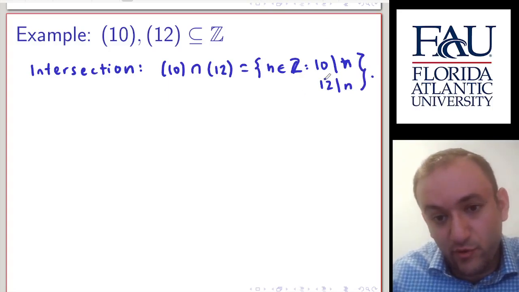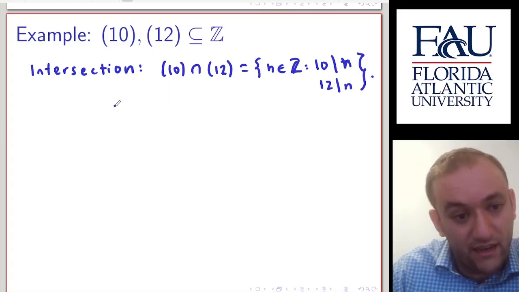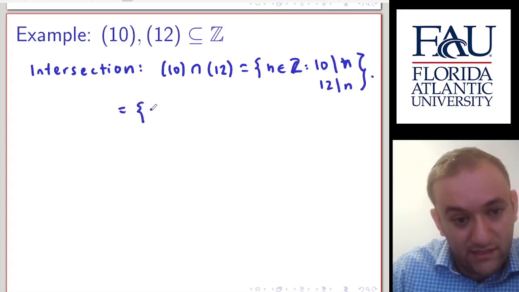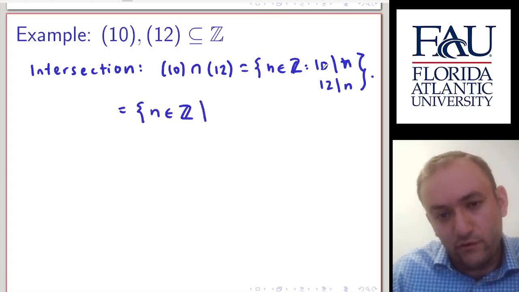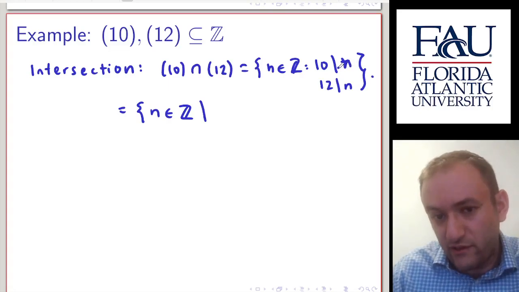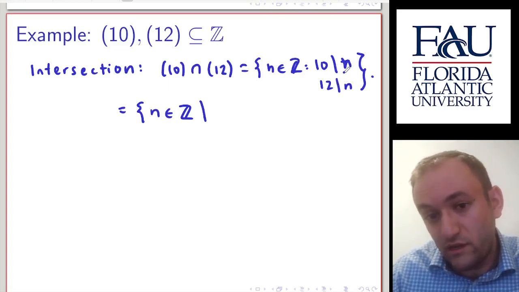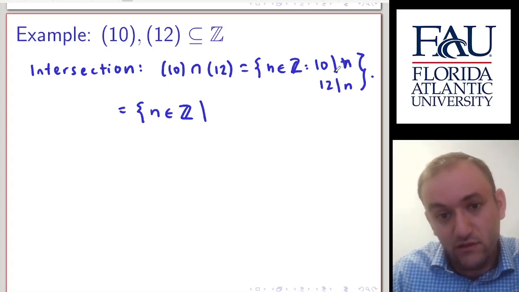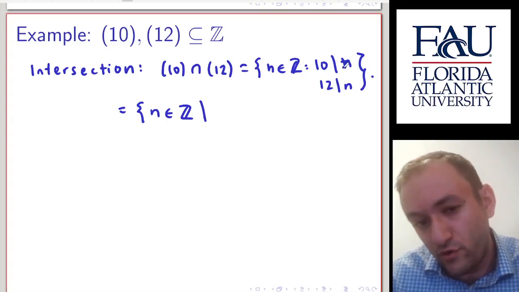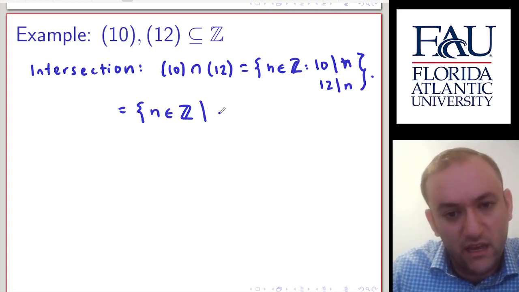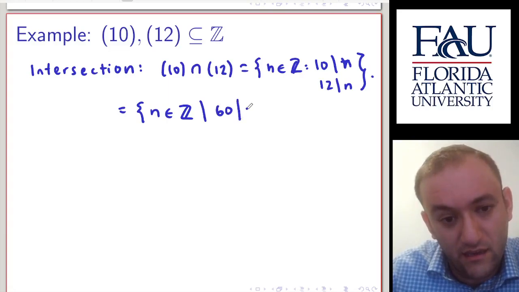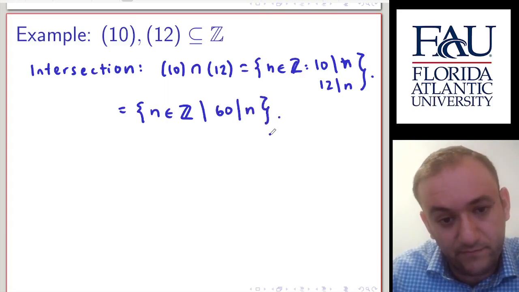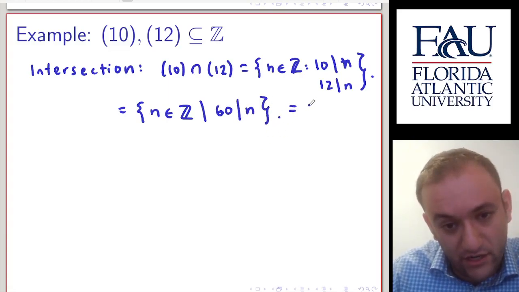Okay, well, if both 10 and 12 divide n, that means that we know that n has to have a factor of 4. It also has to have a factor of 3 and 5. Okay, but once it has a factor of 4, we don't need that extra 2 from 10. So it's enough to say that 60 divides n. Okay, so this is the ideal generated by 60.